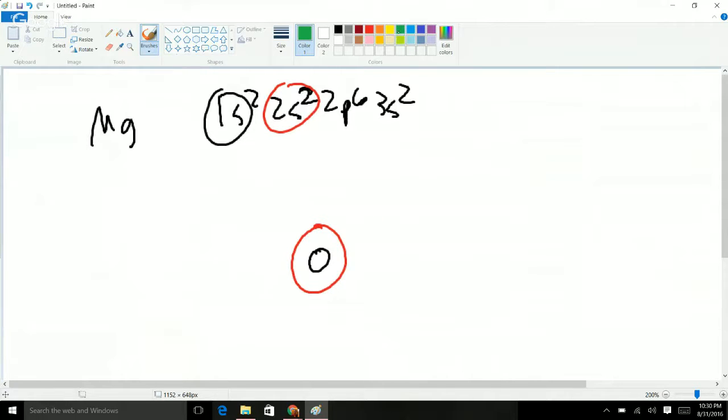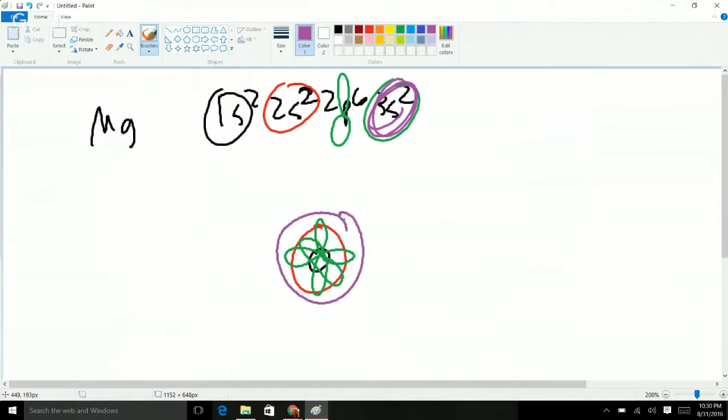My 2p is going to have these dumbbell shapes. There's 3 different kinds of dumbbell shapes. You can see it's not that great. My 3s is going to be even a larger circle. So really what you're going to see isn't this inner stuff. You're really just going to see that outer circle, that s orbital, that it always gets bigger as energy levels get bigger. So that would be a picture of my atom, this magnesium part.